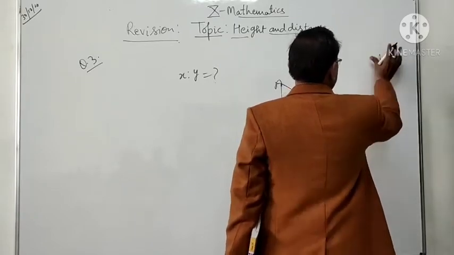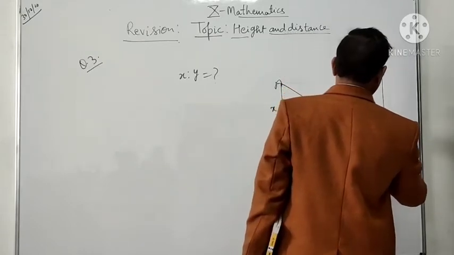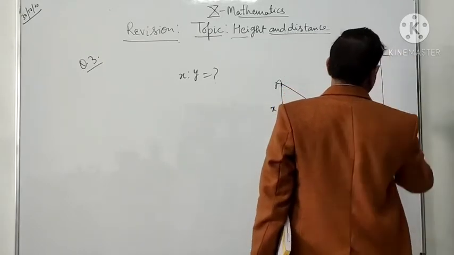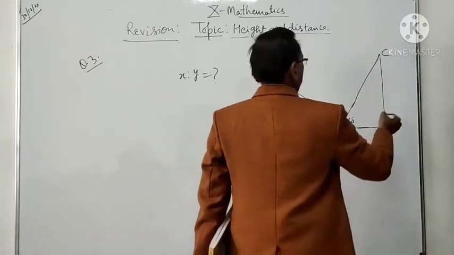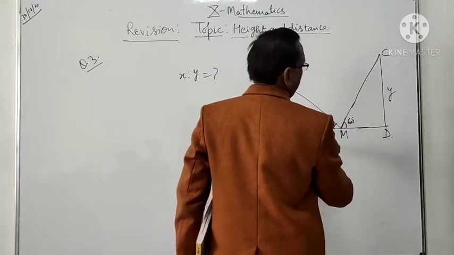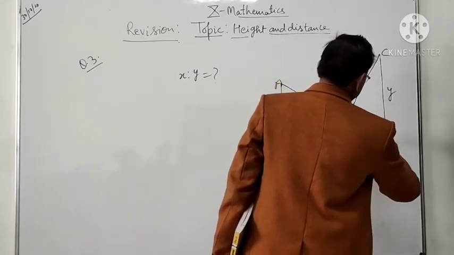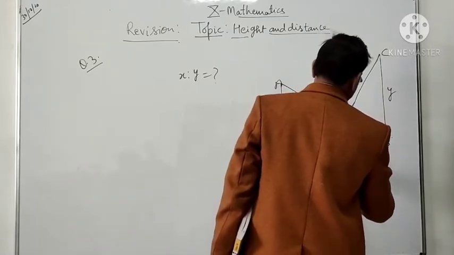That is 60 degree. It is like the midpoint. It is C and D. We have to find the ratio of x and y. So student, this distance, let it be A. So this distance also will be A because M is the midpoint.